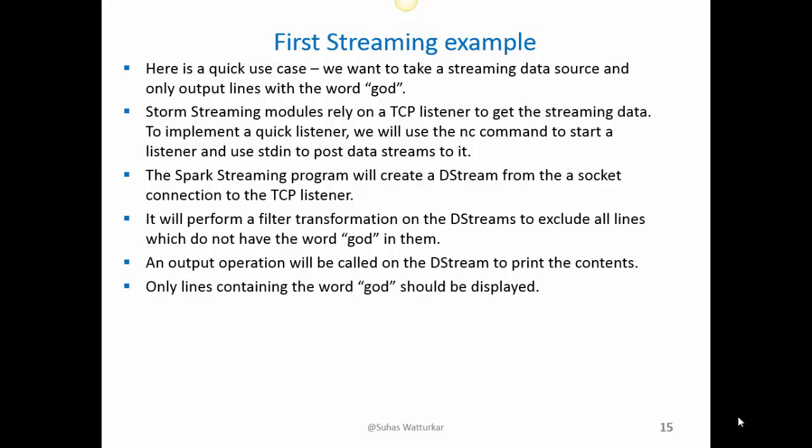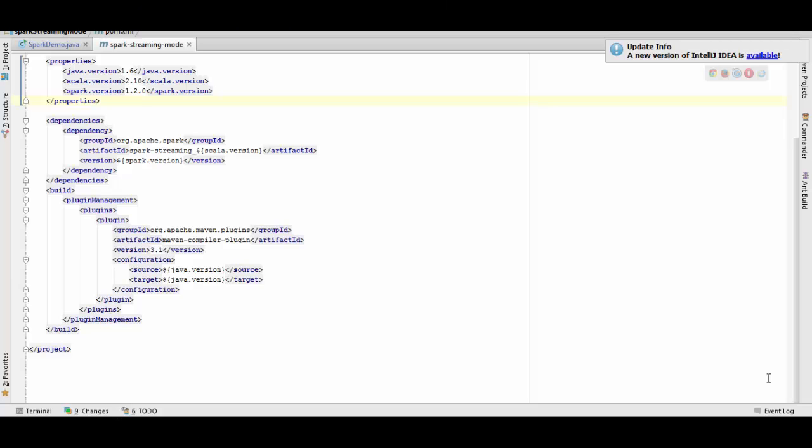What we need to do is output only lines from the stream which contain the word God. I don't want to go through the whole slide, but it might be a good idea to simply switch to the IDE and show this code working.